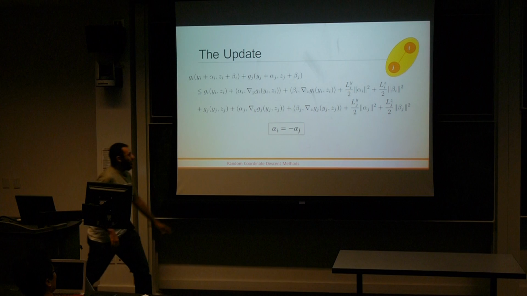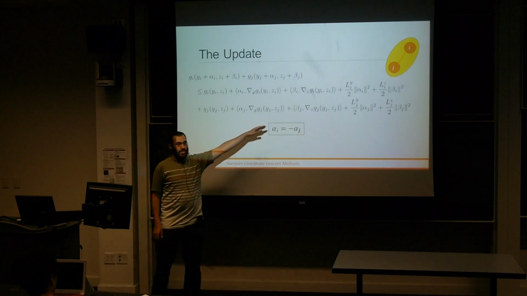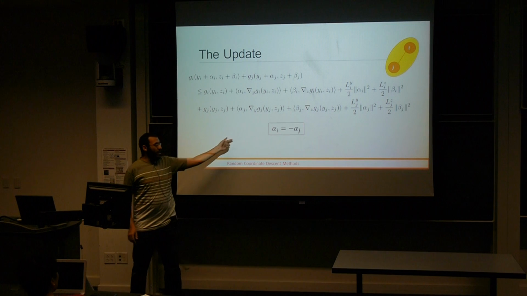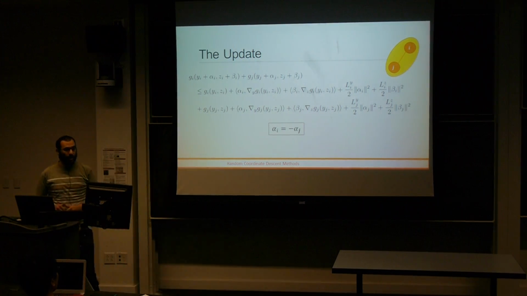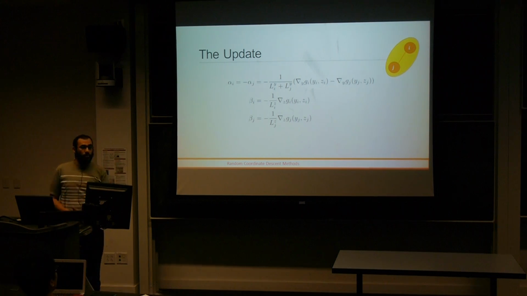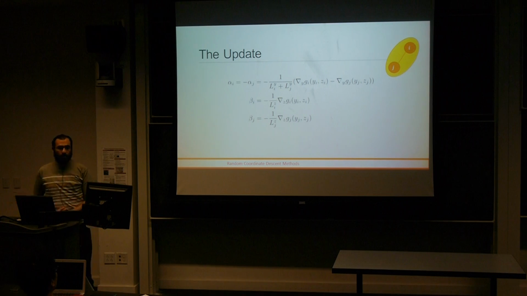We can upper bound the difference knowing the Lipschitz constant using this bound. And we know that alpha_i must be equal to minus alpha_j. We just minimize this upper bound and get these updates. And so we do the SVD once, and then we can work using y and z, and the mapping is available.